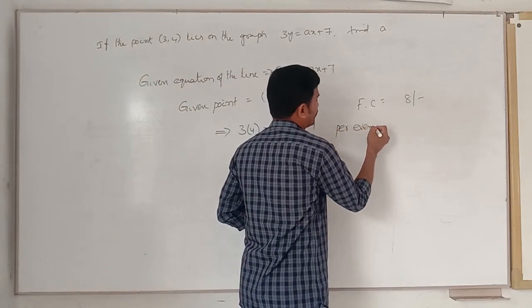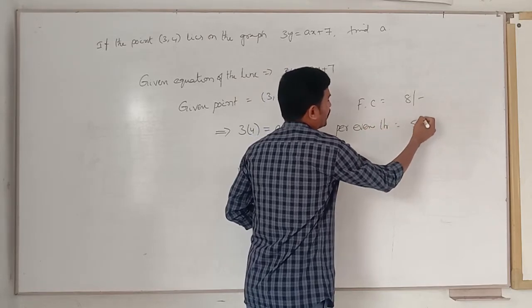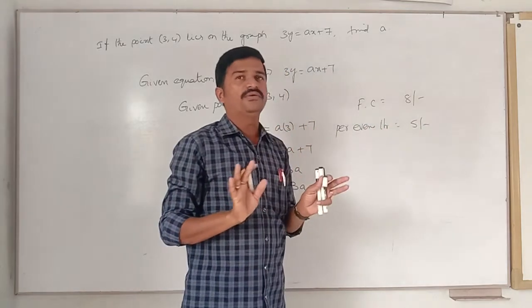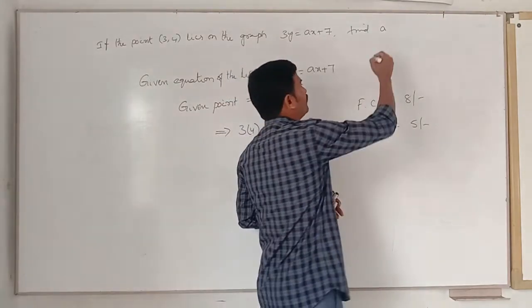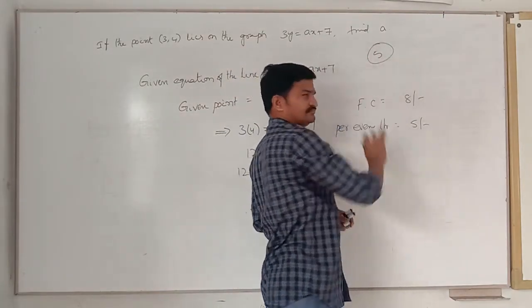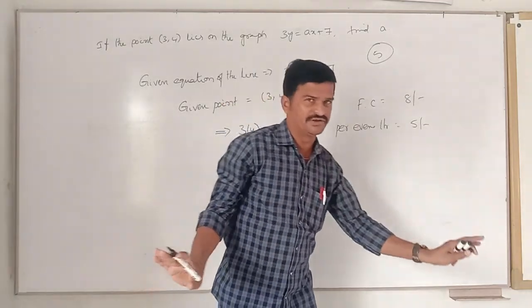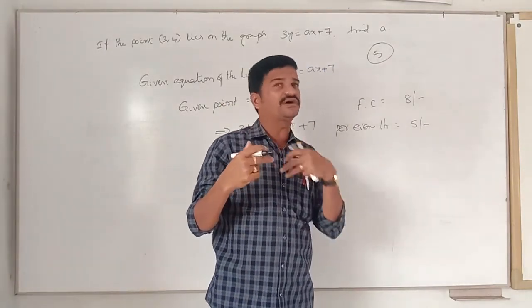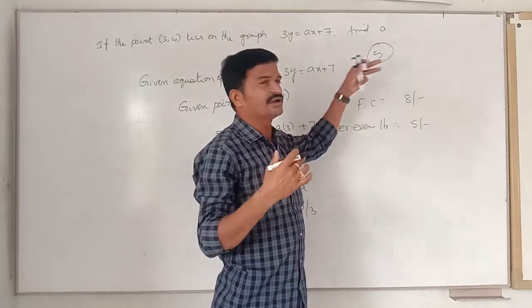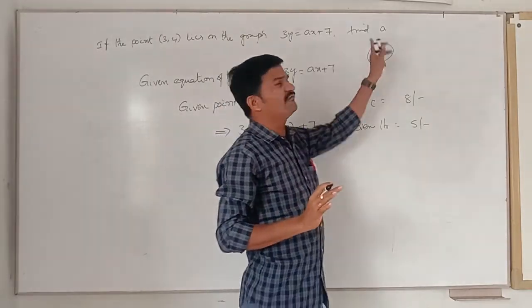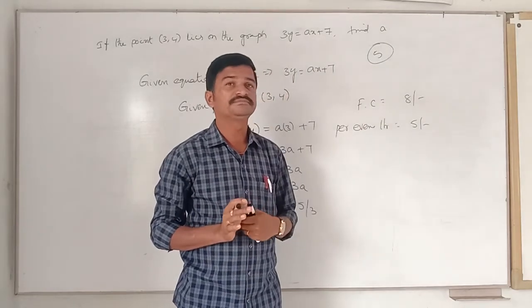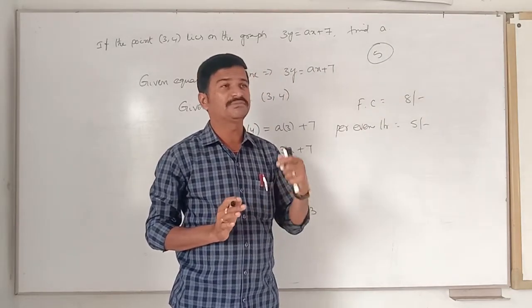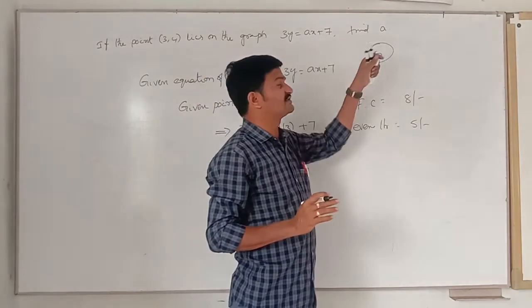Now, I have traveled 5 hours. It is not mentioned here, leave it, but to get that equation and to understand it very easily, I am taking this example. I have traveled 5 hours. Then how much amount do I have to pay for a 5 hours journey?